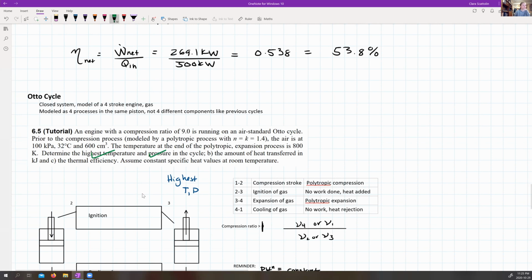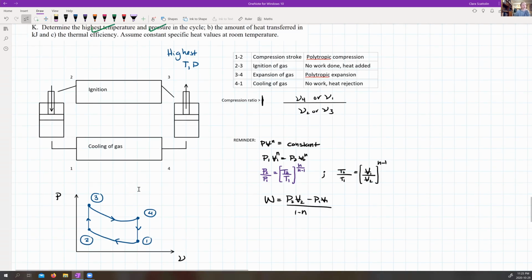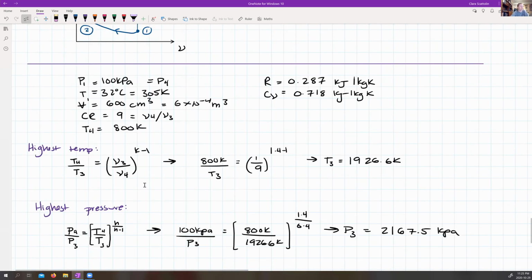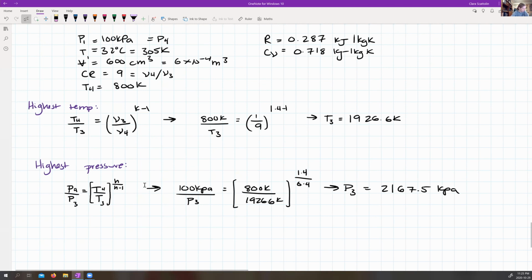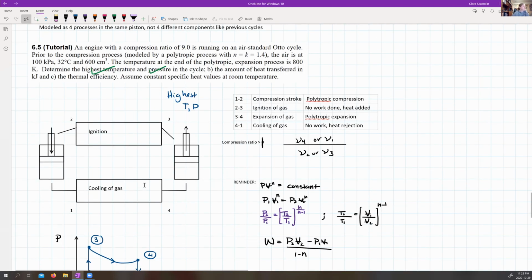To find heat transfer, now the amount of heat transfer is going to be a little bit tougher, right? Because we're asked to find our Q in and our Q out, okay? And how are we going to do that for the gases, for the closed cycle? I'm going to use my CV values. I'm not going to be using enthalpies. I don't have tables to pull those from. So I'm going to have to solve for all of the temperature points.